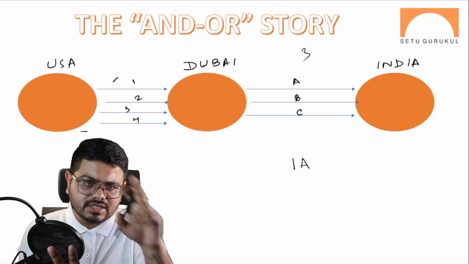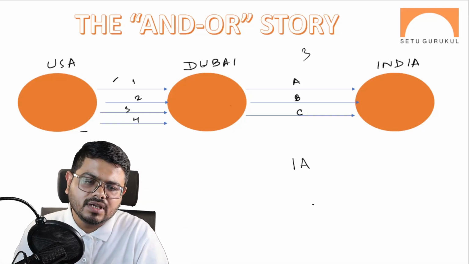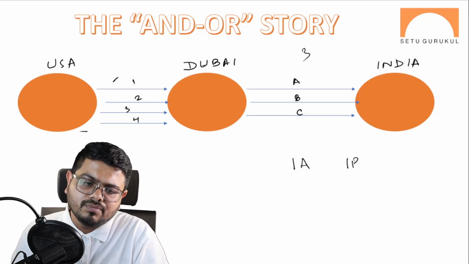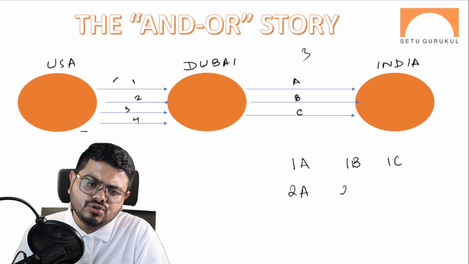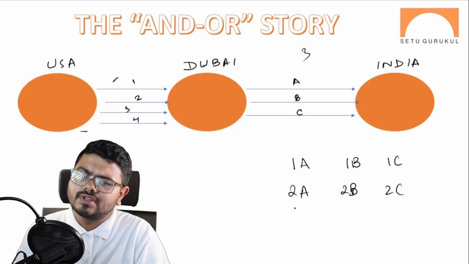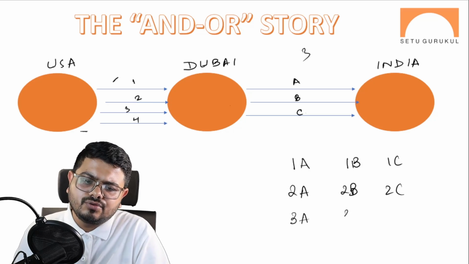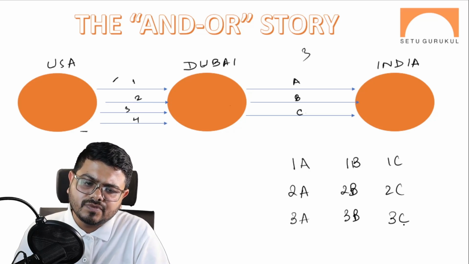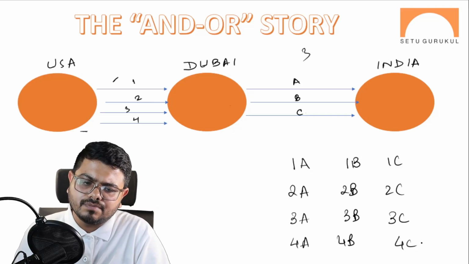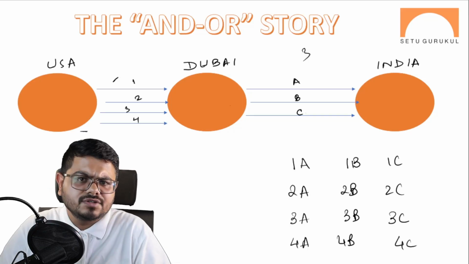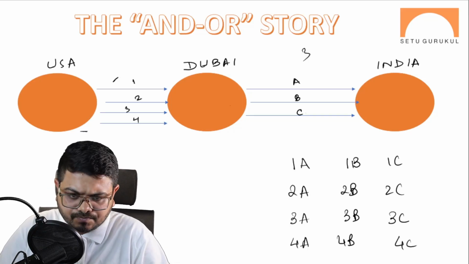That results in his pathway, which is 1A. He may also take 1B, 1C, similarly 2A, 2B, 2C, 3A, 3B, 3C, 4A, 4B, 4C, right? That's a very simple way of listing it out.